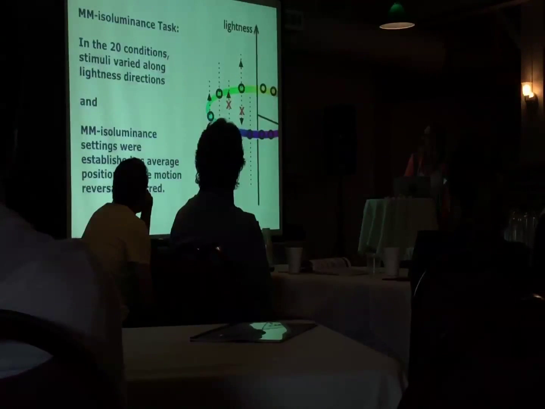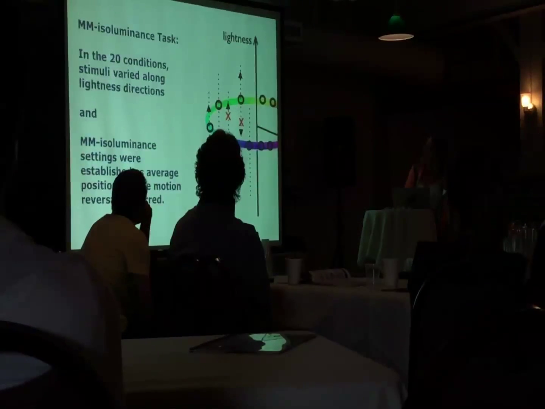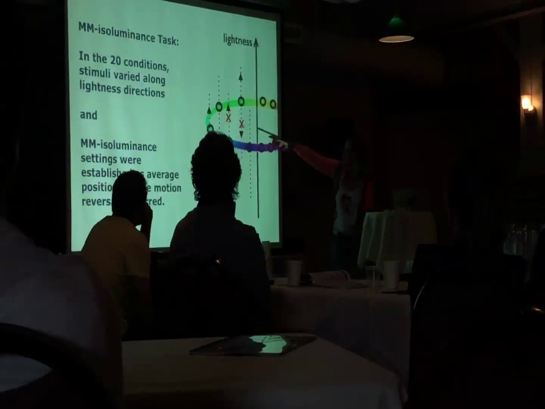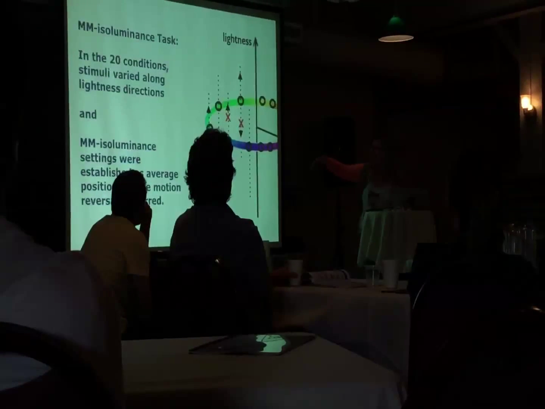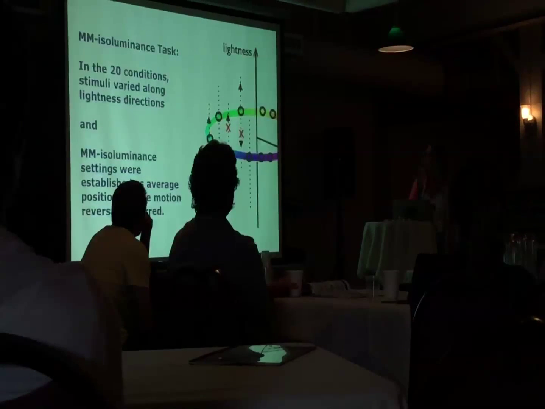So these two red X's may be places where, for these two colored loci on the hue circle, the subject chose a lower luminance setting for this greenish stimulus for MM-isoluminance, but for the blue one, needed a little bit more luminance. Okay?